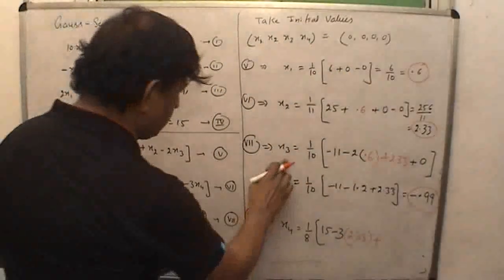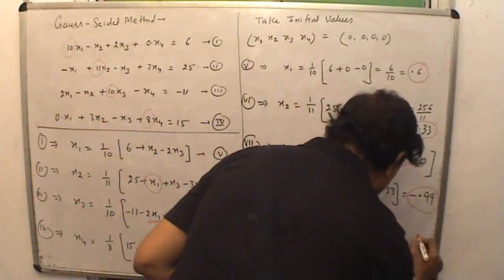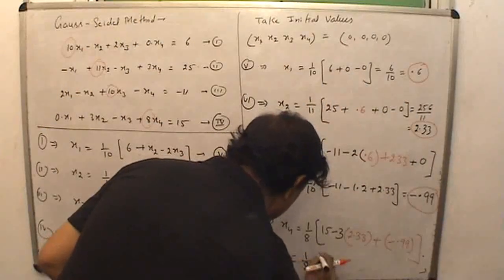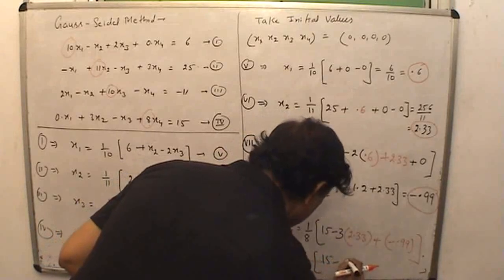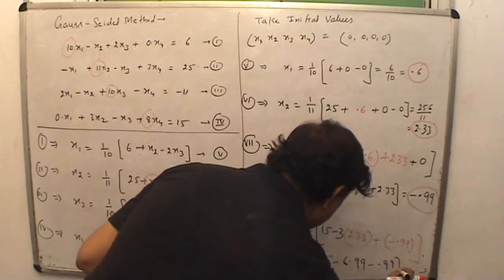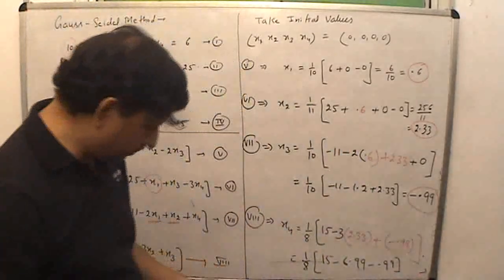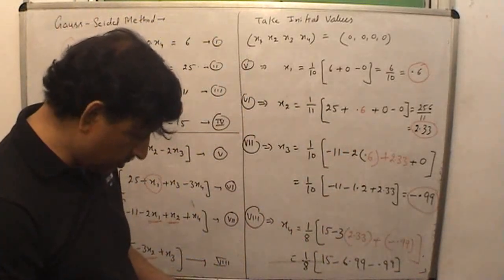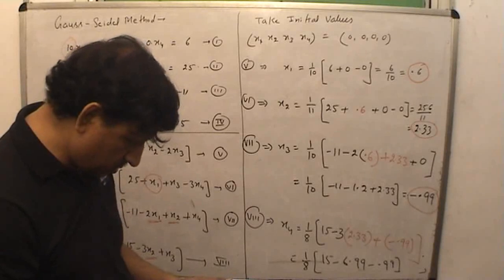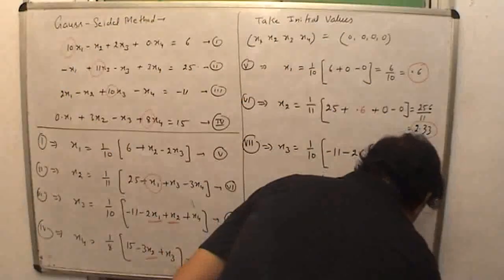For x3 we again use the new value, it is minus 0.99, and now we calculate it: that is equal to 1 by 8 into 15 minus 6.99 minus 0.99, that is equal to 0.88.